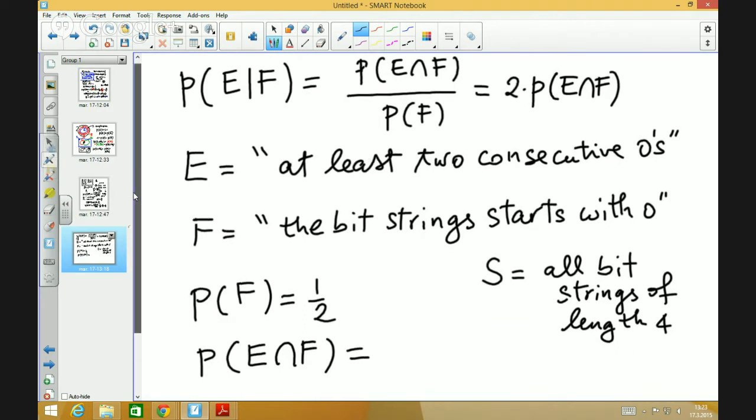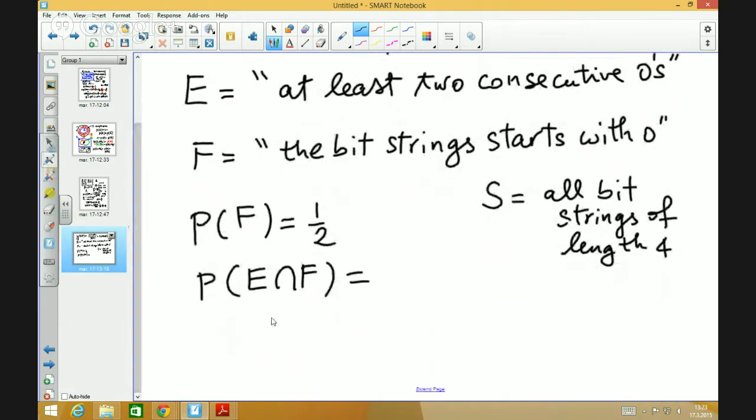Now, what's that? This is the probability of a set of possible outcomes. And what is in this set? They are all of the bit strings of length 4 that start with a 0 and have at least 2 consecutive zeros somewhere. Okay, so let's see. What are they?